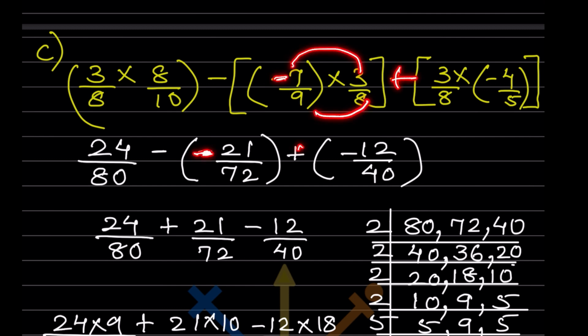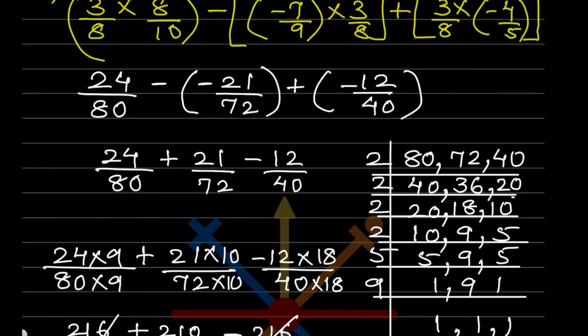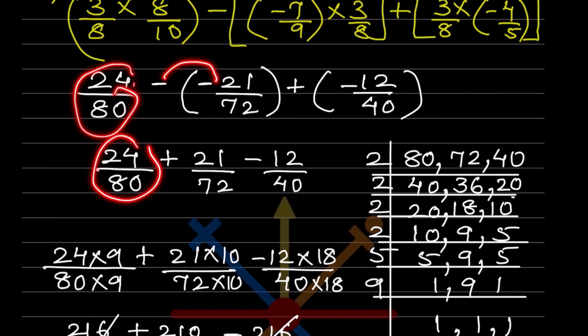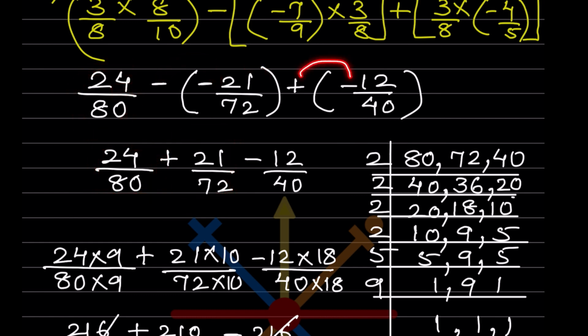Then the outside sign, let us keep as it is, 12 over 40, but then there is a negative sign, so don't forget the negative sign. If you forget the negative sign, everything is going to be wrong. So now first, this we will write the same, negative and negative becomes positive, and this will be the same, negative, and this will be positive, negative is going to be negative.